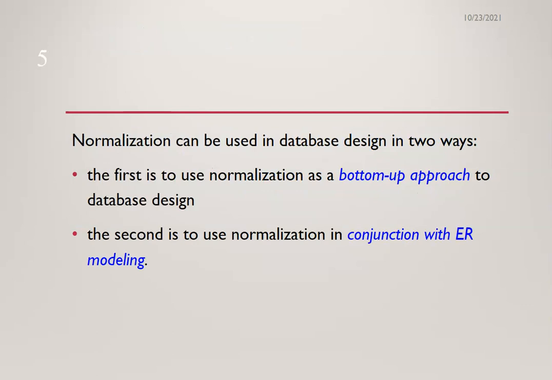So normalization can be used in two ways. One, normalization can be used as a bottom-up approach to database design, or it can be used in conjunction with the ER model. So the previous methods that we've been using of generating an ER model, then we went to enhanced, and then we went to mapping. After the resultant tables that we had in ER, in mapping, this is now the second approach to normalization.